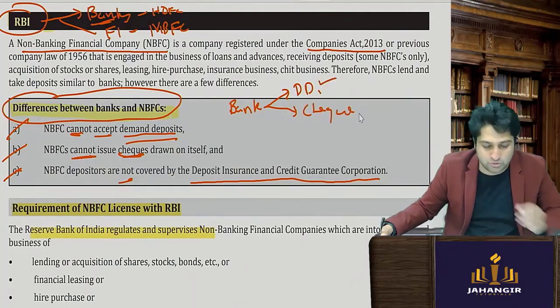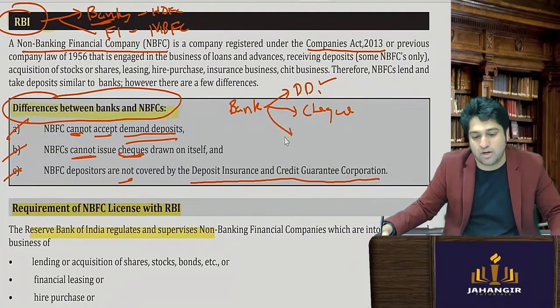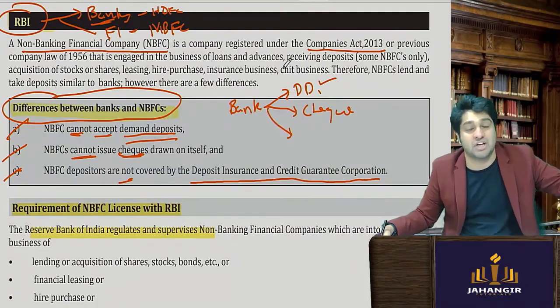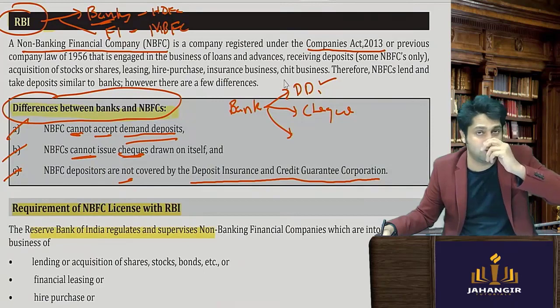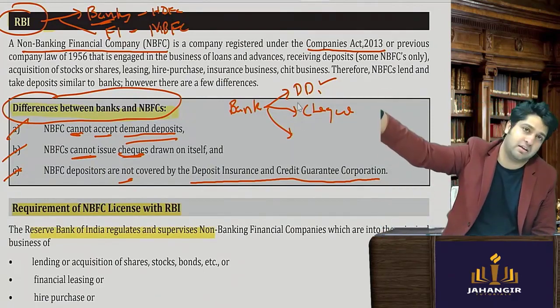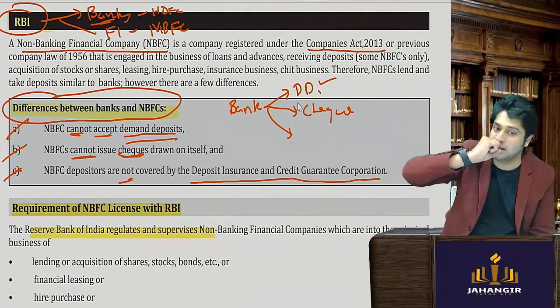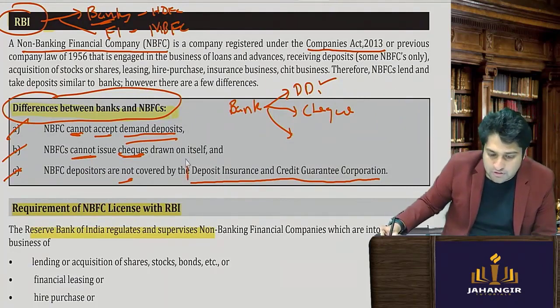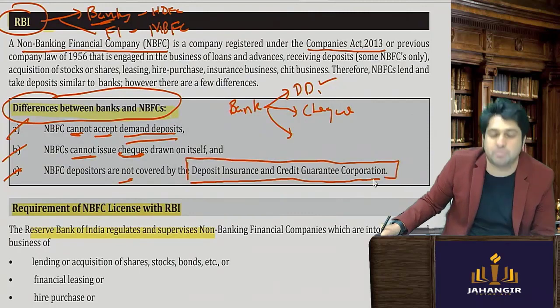A bank can issue checks, and if the bank shuts down or something goes wrong, the RBI has created a subsidiary, the Deposit Insurance Credit Guarantee Corporation.